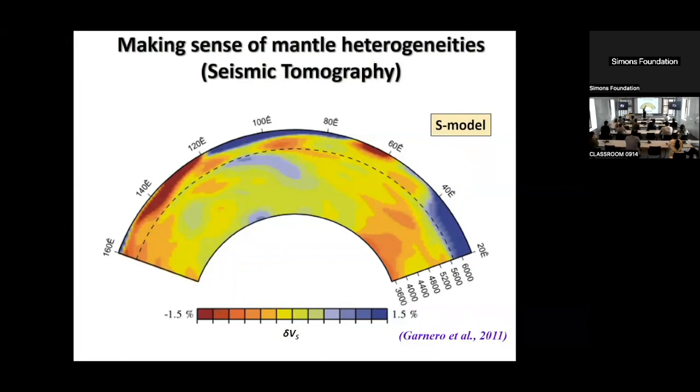This is fast regions, slow regions. They correlate well with cold regions or perhaps hot regions with different chemical compositions. So our work is to figure out materials properties that allow the interpretation of tomographic models like this.